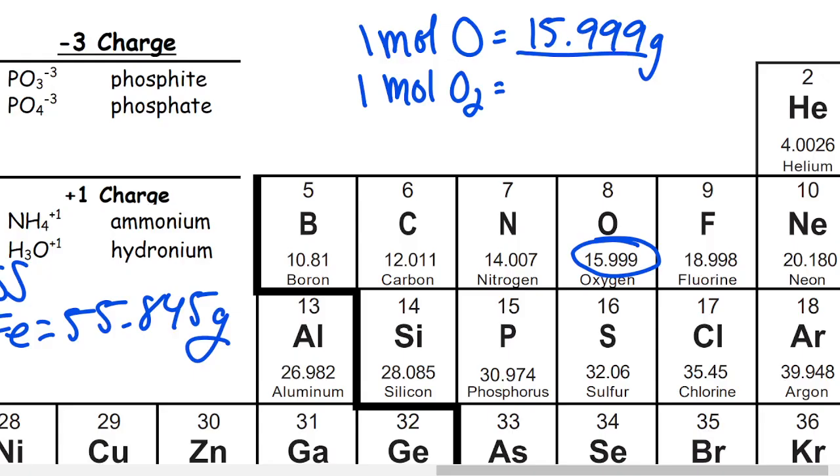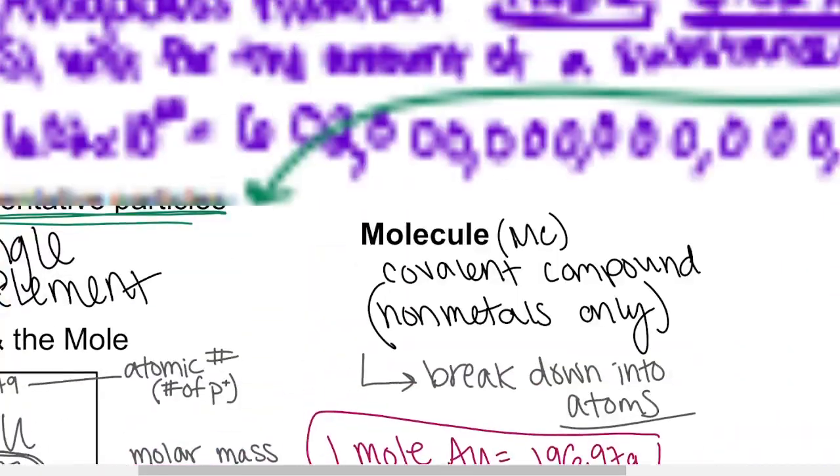So 1 mole of O2 is going to be 15.999 times 2, which is what? 31.998 grams per 1 mole of O2. You with me?